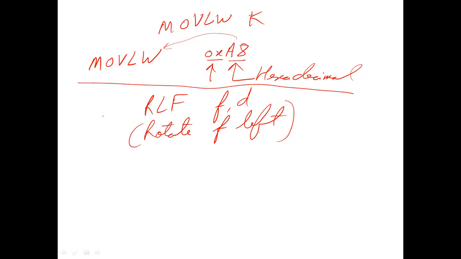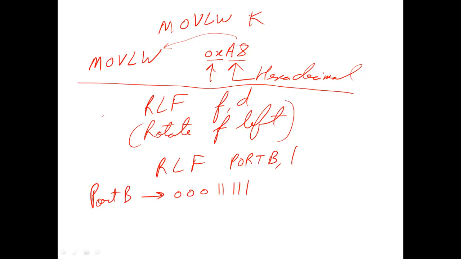Suppose let us take an example, RLF port B comma 1, right? And suppose the port B, you understand it is 8-bit going from RB0 to RB7, right? So let us say port B is as shown.